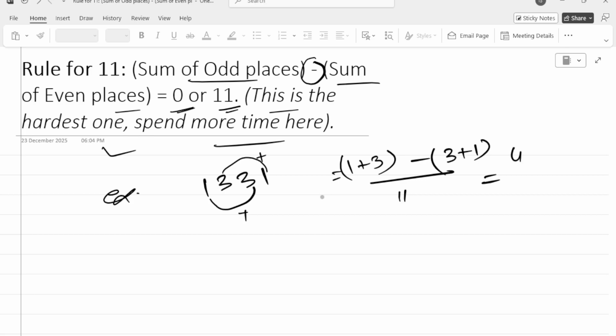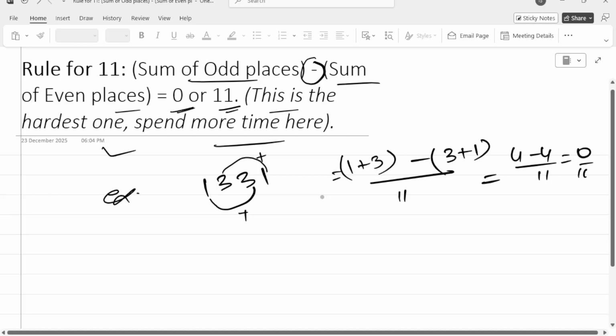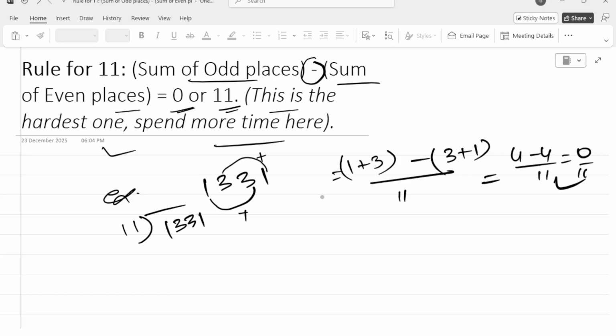For example, 4 minus 4 gives 0, and that is completely divisible by 11. To verify, 11 ones are 11, 11 twos are 22, and you can clearly see that it is completely divisible.